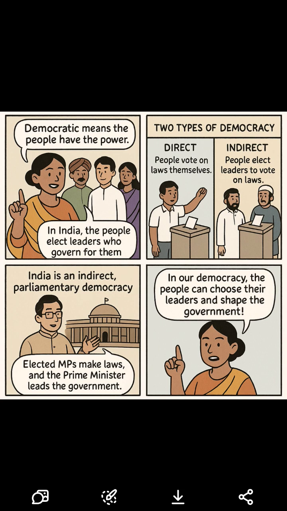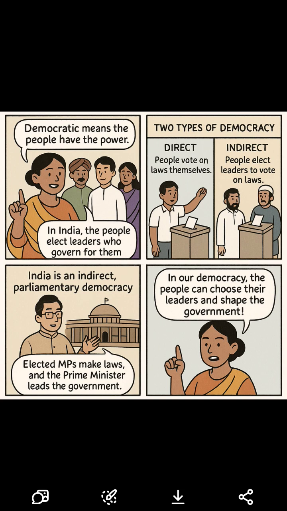Final summary in one paragraph. The term democratic in the Indian constitution means that the people are the real rulers of the country. This principle is called popular sovereignty, the idea that the highest power lies with the people. Democracy can be either direct, where people vote on laws themselves, like in Switzerland, or indirect, where people elect leaders to govern on their behalf, like in India.